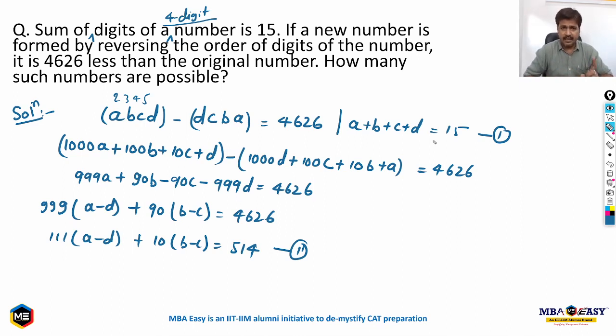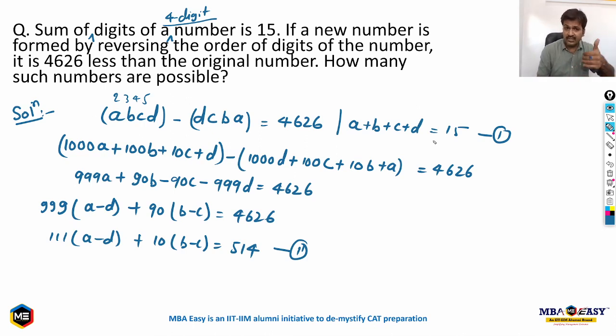And A will not be 0, because if A becomes 0, it will not be a 4-digit number, it will become a 3-digit number. So A has to be a non-zero number, that is, A will take values from 1 to 9, integer values, and the remaining 3 digits B, C, D will take values from 0 to 9, integer values, right?